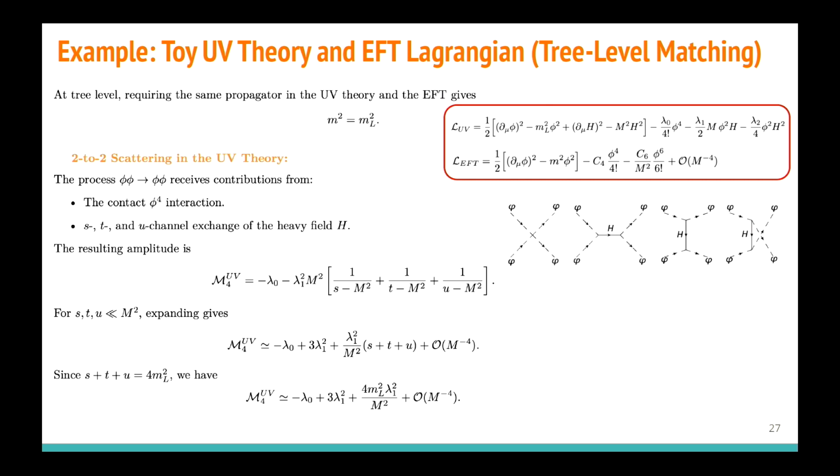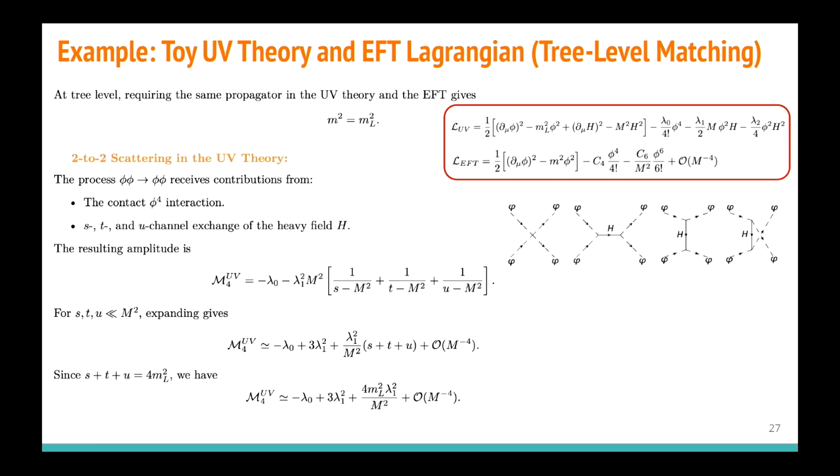Now let us consider a 2 to 2 scattering process, which is the easiest scattering process that one can think about: a phi phi to phi phi scattering. Now we are calculating in the UV theory. The contributions would come from this 4-point function and from these 3-point functions, so phi phi capital H, phi phi capital H. Each of these vertices comes from this lambda 1.